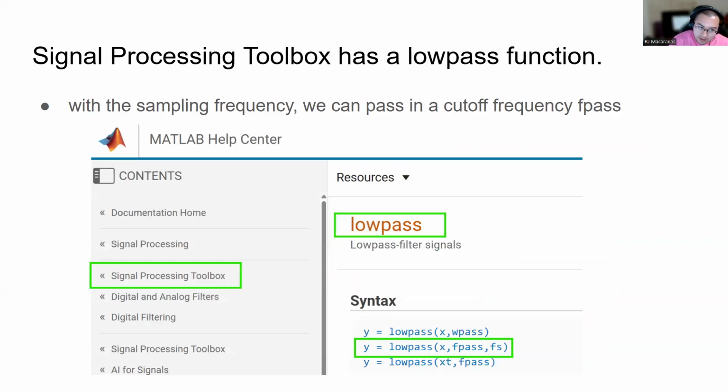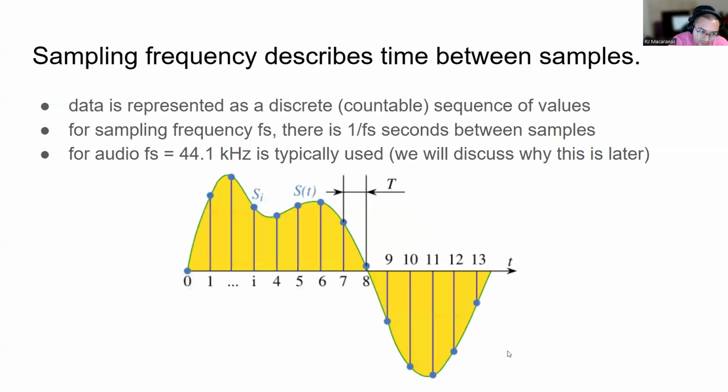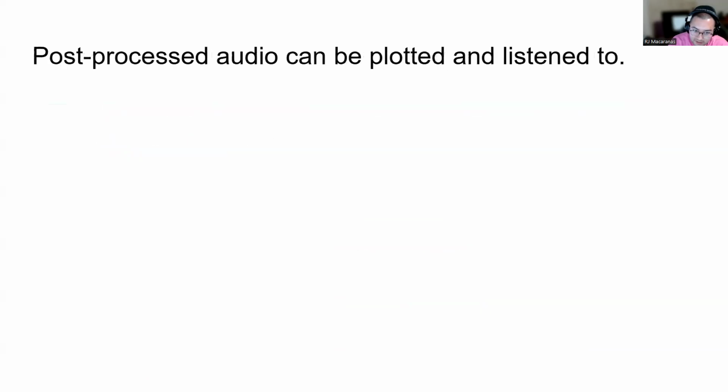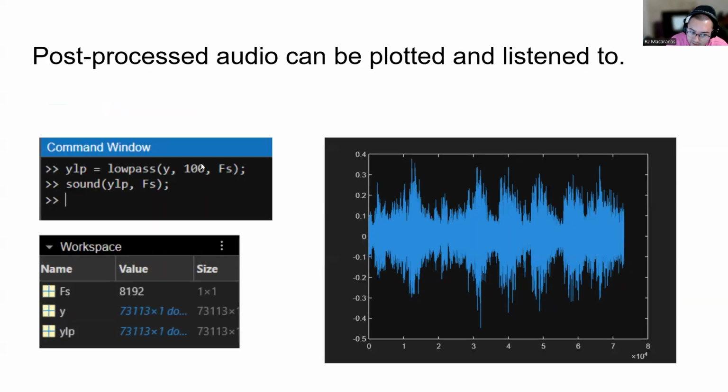MATLAB has a signal processing toolbox, which has a lowpass function. We give it the data, in this case called x, the cutoff frequency, which they've called fpass, and then the sampling frequency, capital Fs, which was already loaded into our workspace. Here I've used a cutoff frequency of 100 hertz. I pass in my data and the sampling frequency, and I can actually listen to the effect of low pass filtering the sound, and also look at the data.